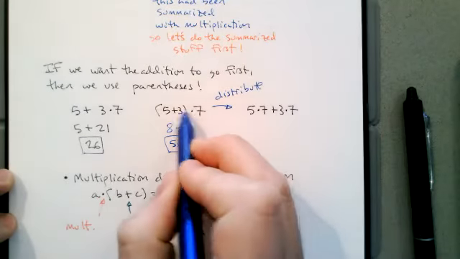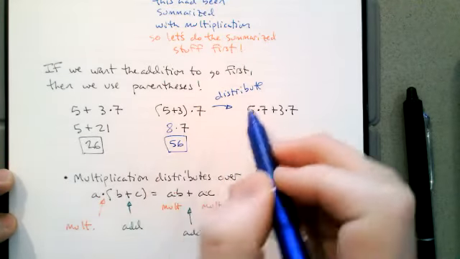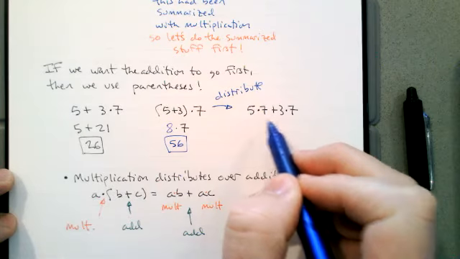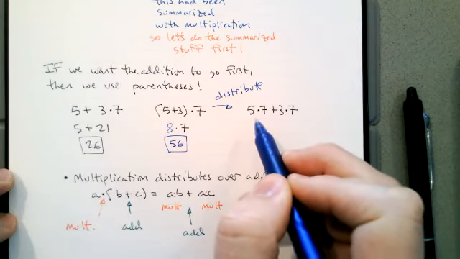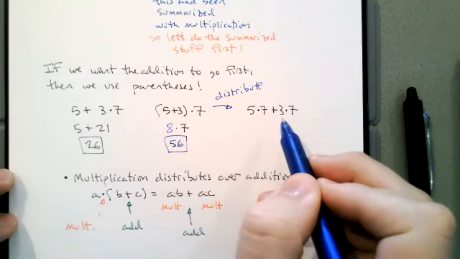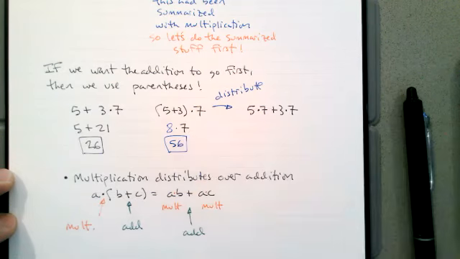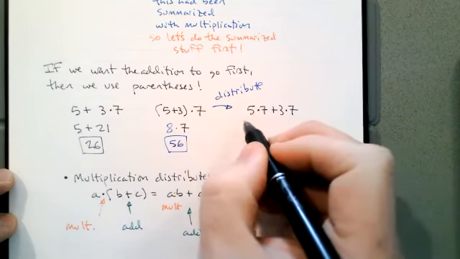If this multiplication distributes over the addition, I can distribute and say it's 5 times 7 plus 3 times 7. 5 7s and 3 7s is 8 7s.